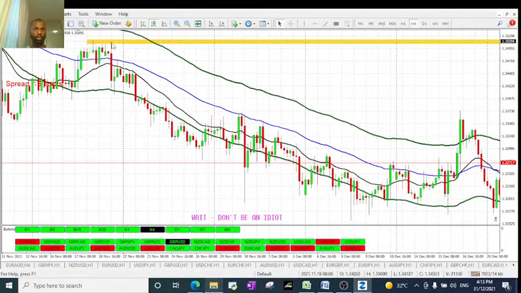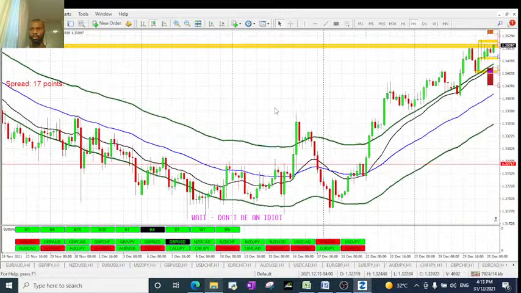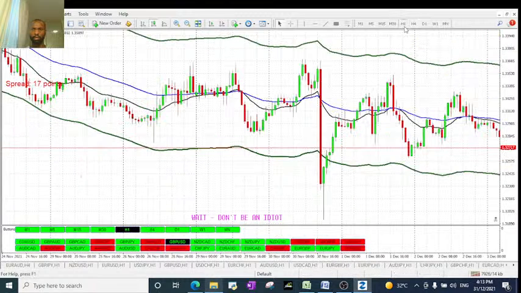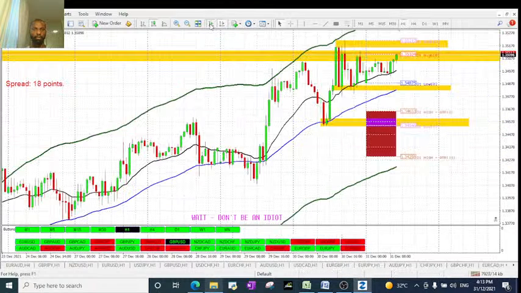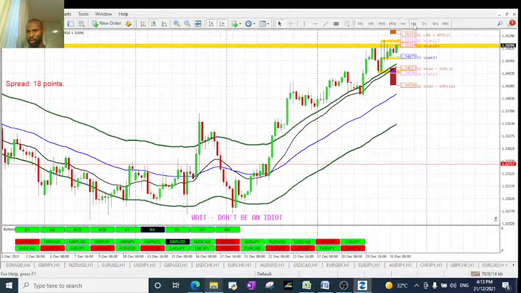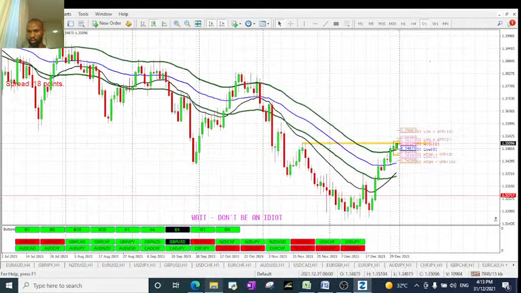See this zone right here? Hit that, couldn't break through. Look at all this weak selling pressure. But the way the daily chart is looking today, we may push through it. Then the next target will be somewhere here.